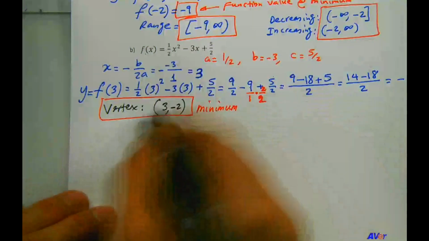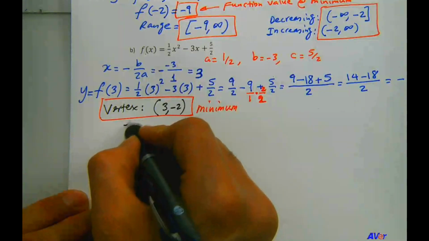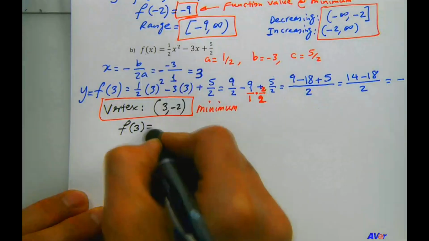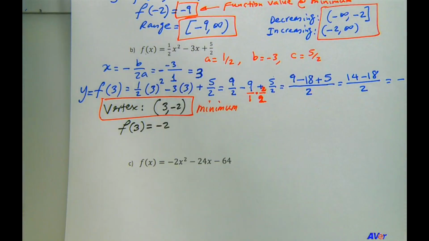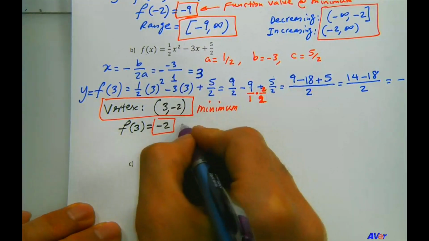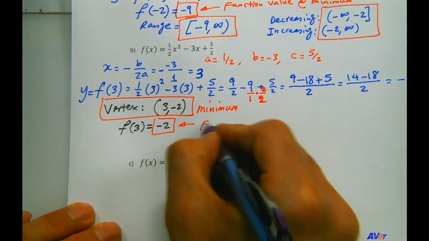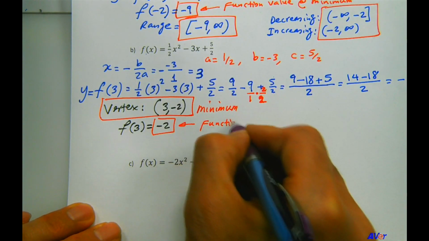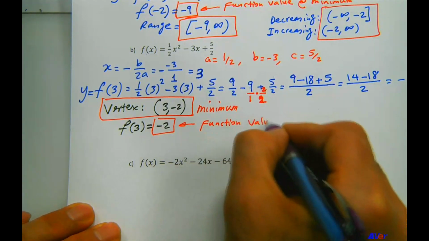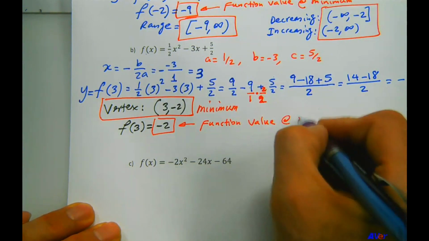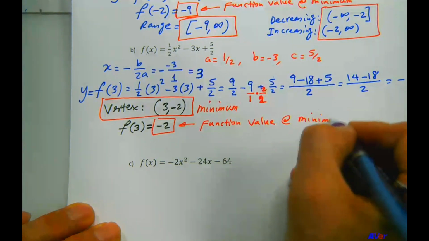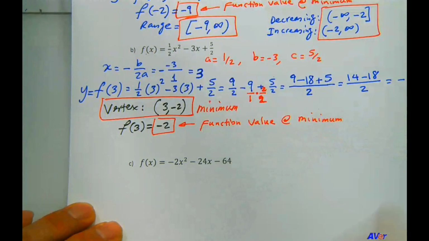So the function at 3 is equal to negative 2. So this is the function value at minimum. Okay.